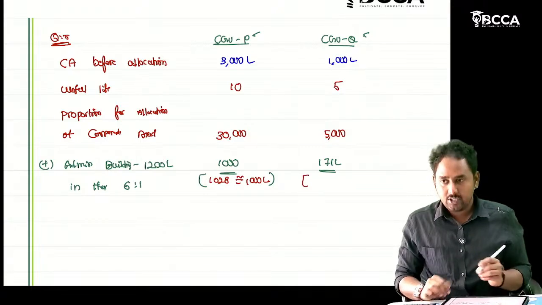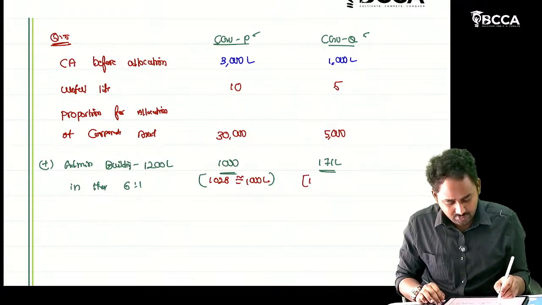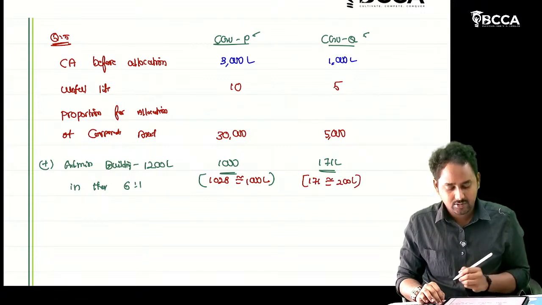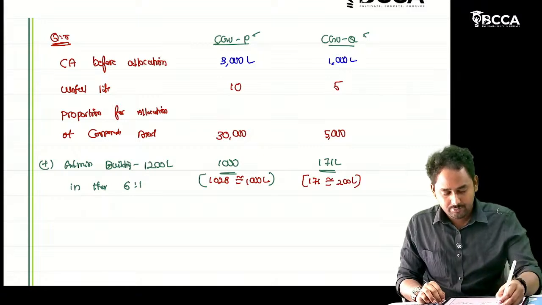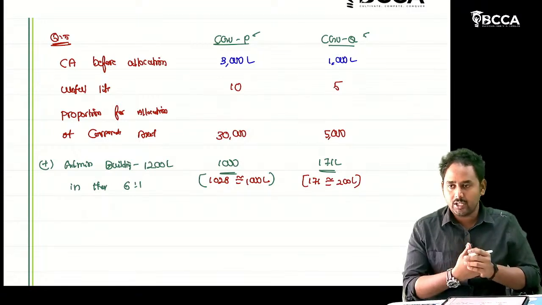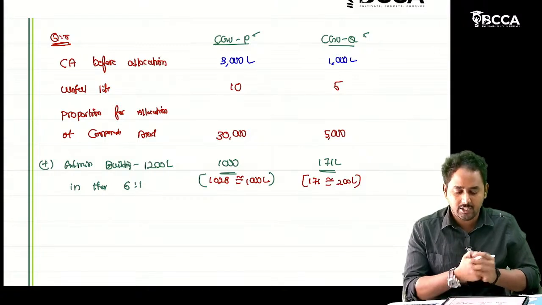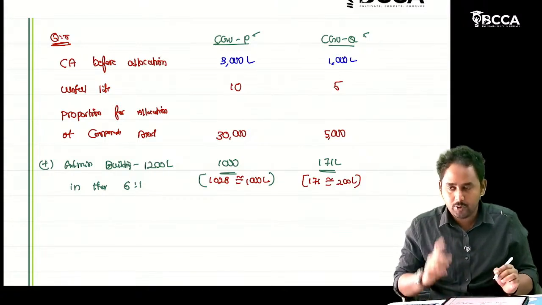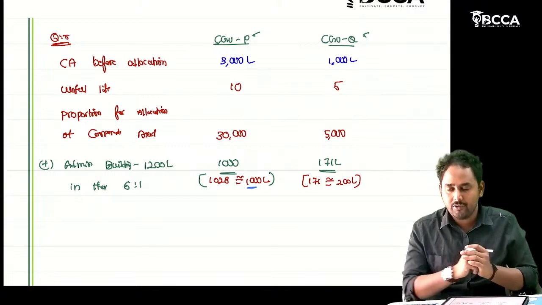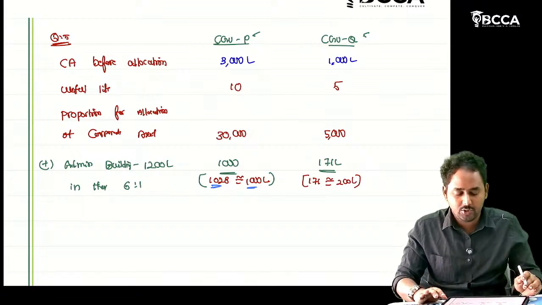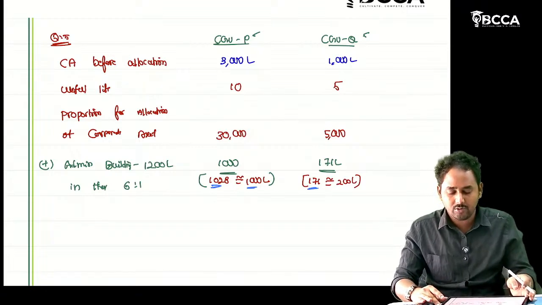Then actually it is 171 lakhs, but in the answer they have taken 200 lakhs. You can take 1028 also, that is not a problem, but let's follow the answer. In the exam, if you remember, you can take directly 1028 and 171 and solve.